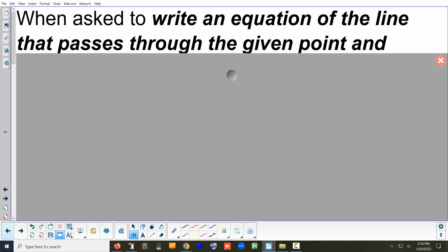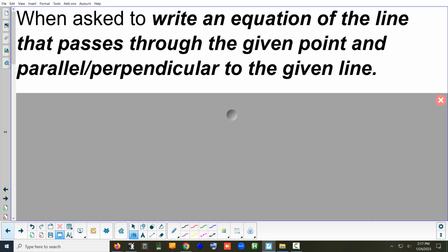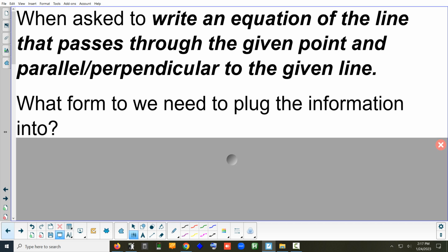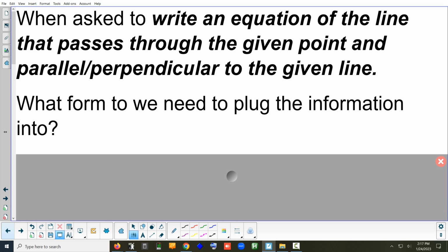So let's go through the steps that we're going to have to do when we write the equation of a perpendicular line. Now, it says here that it's very similar to when we did parallel. But the first thing is, let's write down the formula that we need. It's not y equals mx plus b. Can someone remind me what's the formula that we're going to use? And you guys have a box on your sheet you'll put it in.